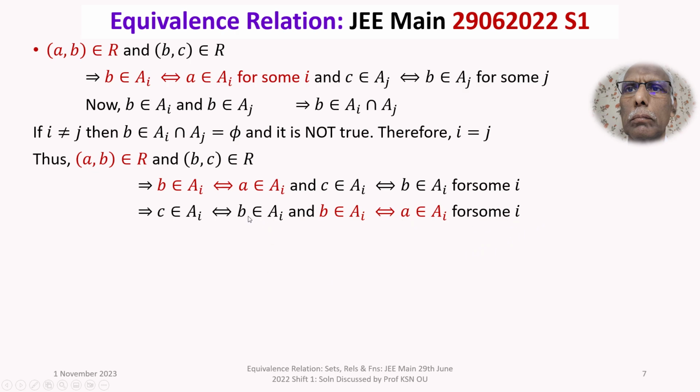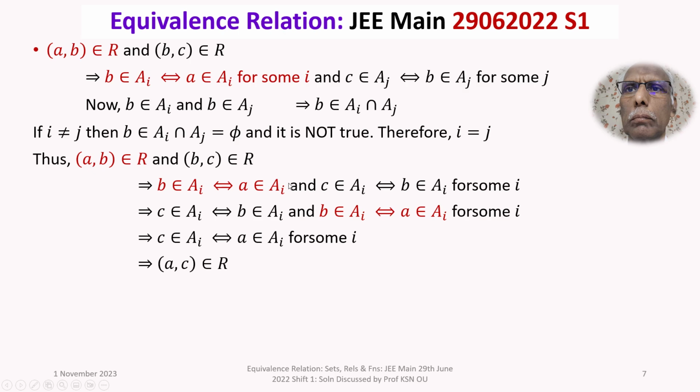Now you see, B belongs to AI implies and implied by A belongs to AI. So you connect them. C belongs to AI implies and implied by B belongs to AI, implies and implied by A belongs to AI. Now connect. C belongs to AI implies and implied by A belongs to AI for some I. That means (A, C) belongs to R. Apply the definition.